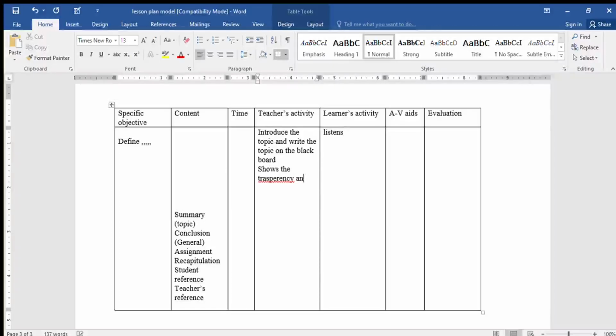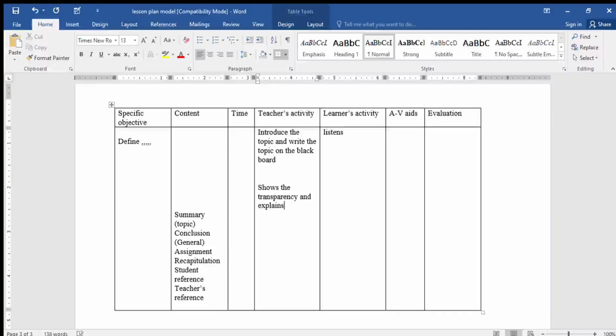Show the transparency and explain it. So for the definition, you write the definition here. In the teacher's activities, you show the transparency. You are not just telling it, you show the transparency and you explain.